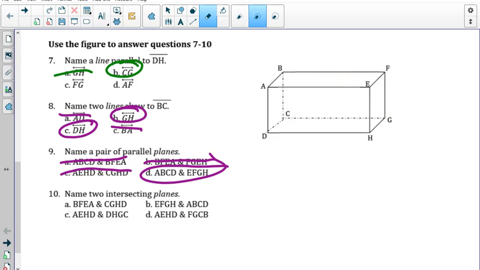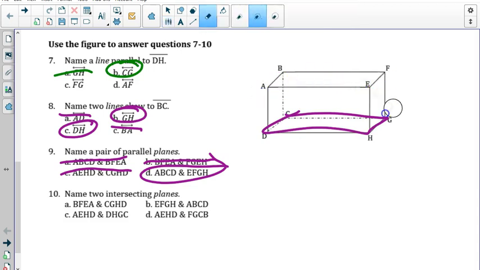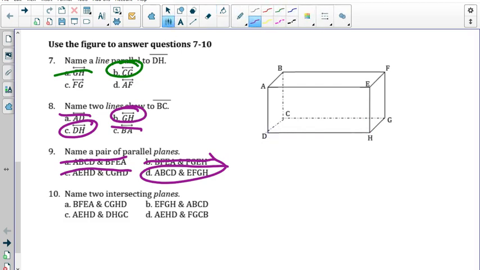Two intersecting planes. Well, we just found a bunch of those before, but let's do it again. BFEA. BFEA, that's the top. CGHD. CGHD, those are parallel. Okay, so no. And it is worth taking this extra time to do this to get them right.